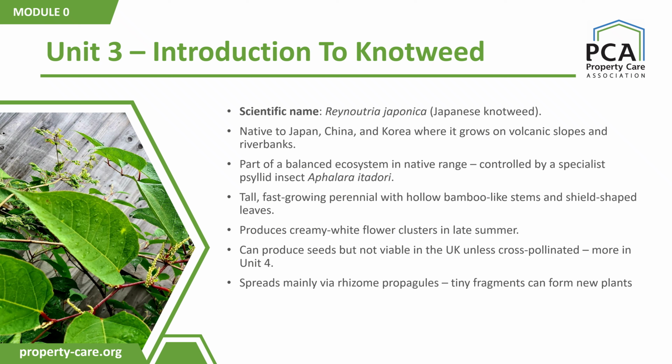While it can produce seeds, these are not viable in the UK unless cross-pollinated with other closely related species. We'll cover this in more detail in Unit 4. Here in the UK, it spreads almost entirely through rhizome propagules, with even the smallest fragment capable of producing a new plant if conditions are suitable.